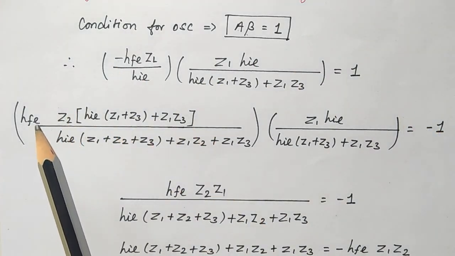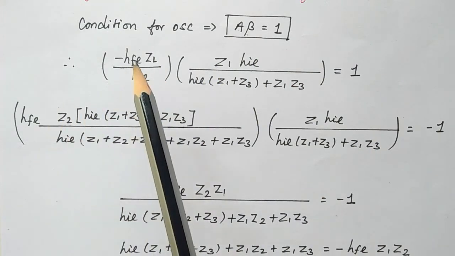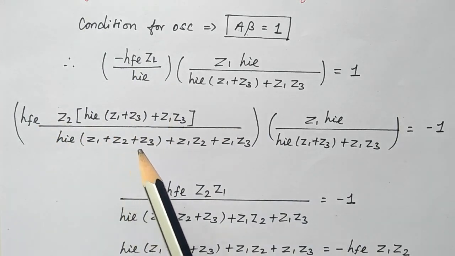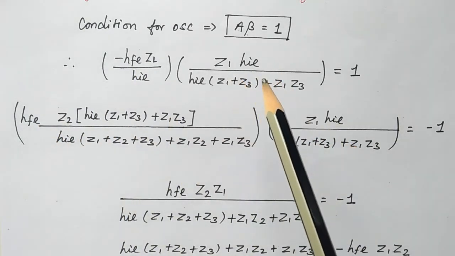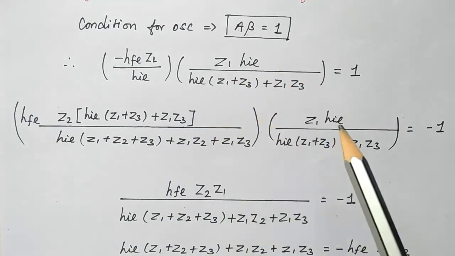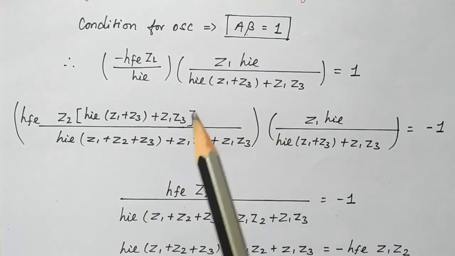The remaining HFE and ZL are expanded here. HFE remains, and ZL is this entire term. This is written here, with Z1 HIE divided by HIE, and the beta term written here. Now we reduce this.